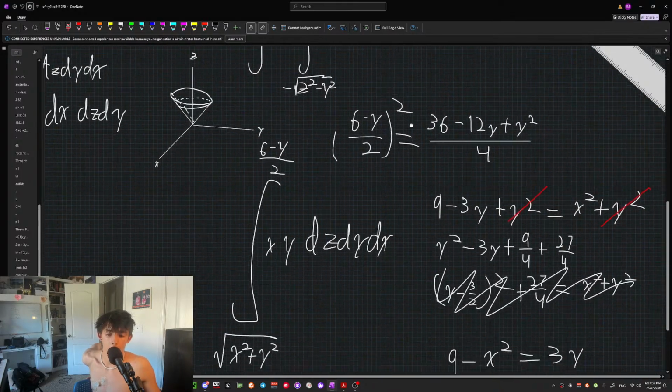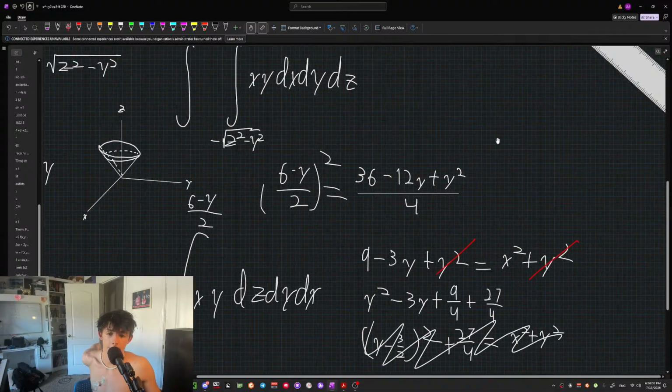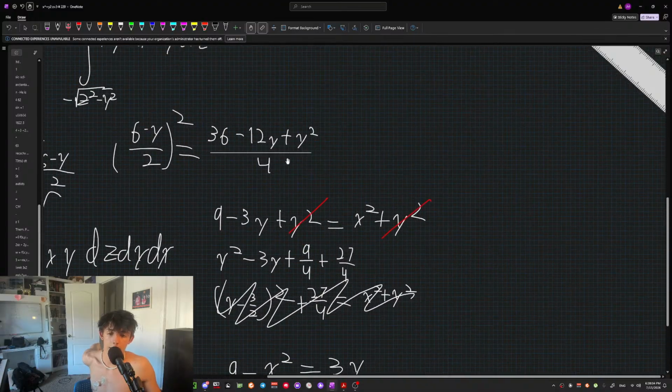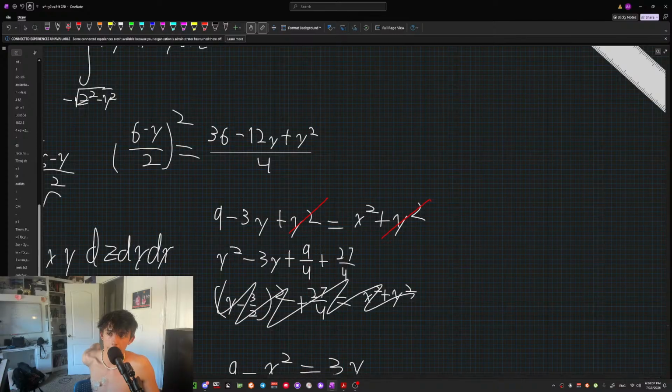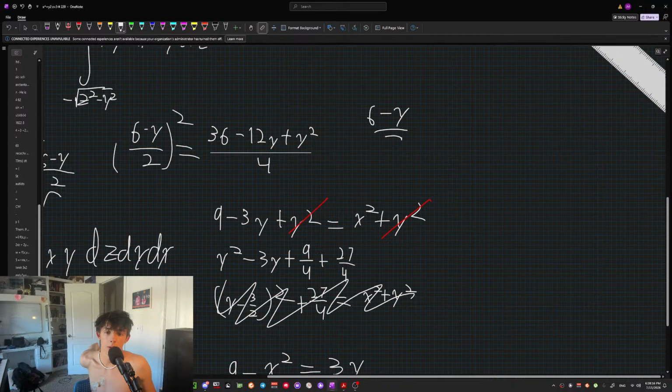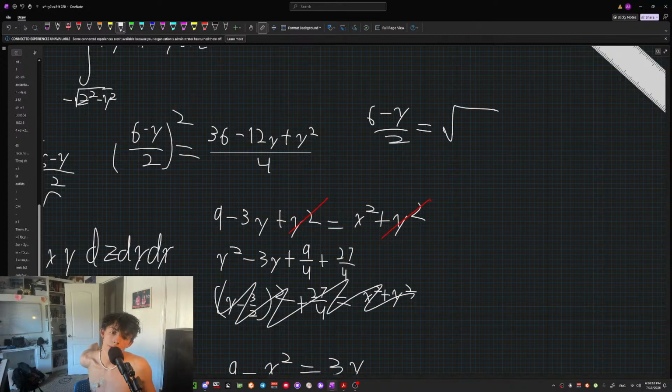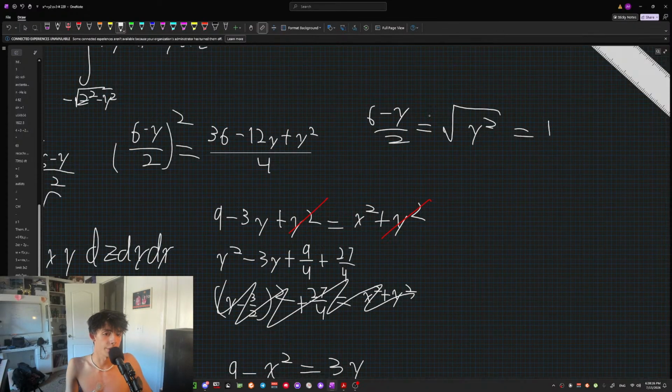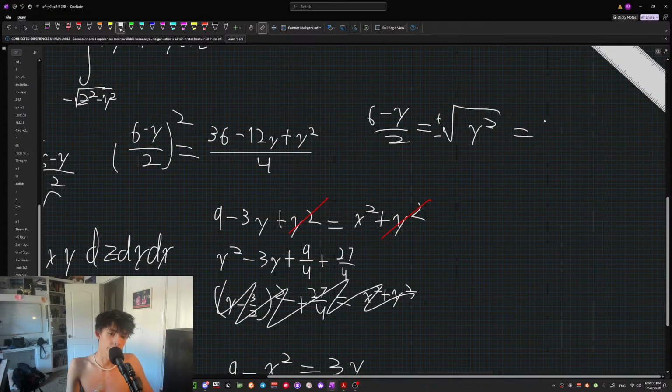We're just finding out where y stops and starts. So we're assuming x equals 0, right? I'm pretty sure this is just what we found before. So if x equals 0, we have 6 minus y over 2 equals... I mean, technically that's the absolute value, so plus or minus y squared.